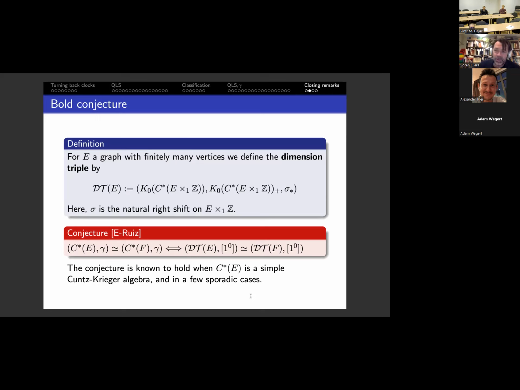This is something that was developed by Krieger around the same time as the definition of the Cuntz-Krieger C-star algebras. Actually, Krieger's paper is just before the Cuntz-Krieger paper in this copy of Inventiones from '80. The idea is that you take this AF algebra that we were talking about, which is also a graph algebra. Since it's an AF algebra, its K-theory is a dimension group, and we call it the dimension triple.